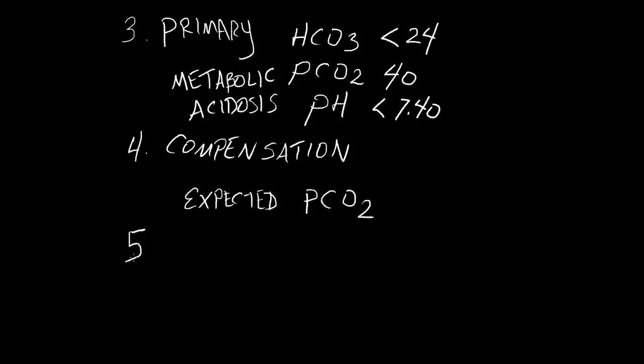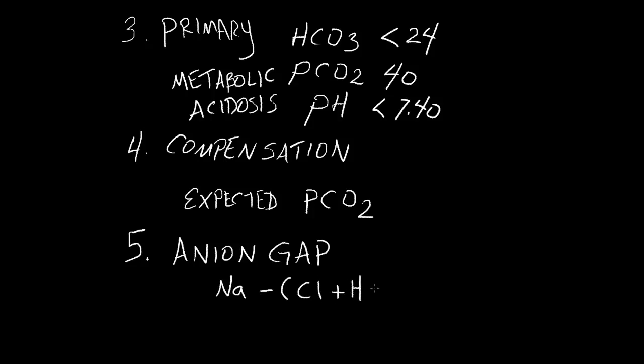The next step is to look at the anion gap. The anion gap is the difference between measured and unmeasured anions and cations. So we calculate our anion gap by looking at our sodium, subtract our chloride, subtract our bicarb.